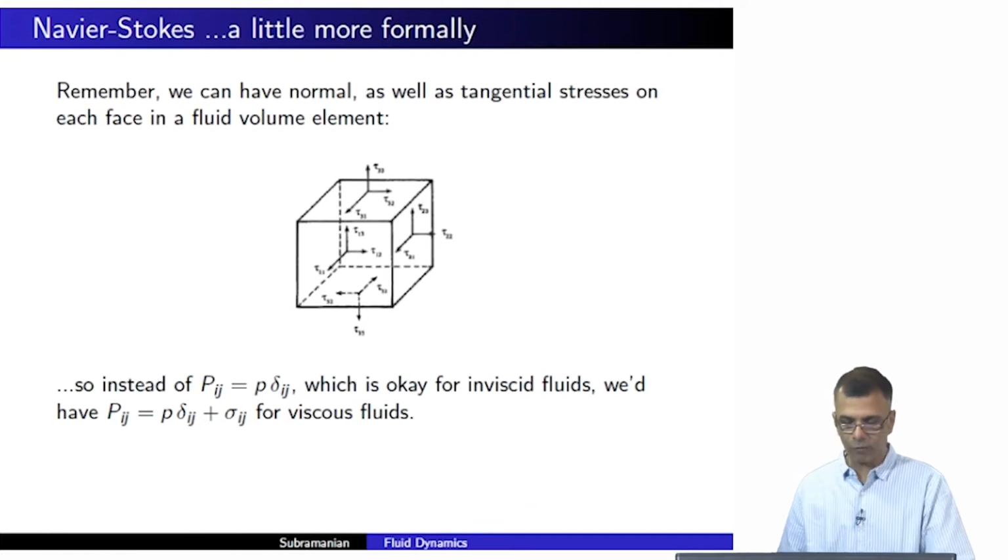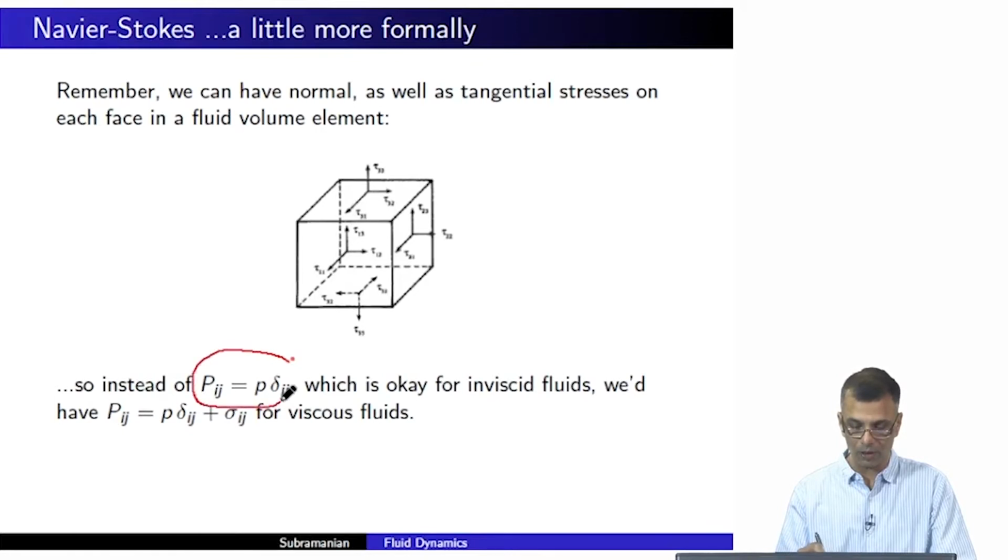When we were talking about inviscid fluids, remember we said we were specializing to a situation where the pressure tensor was like this. In other words, the pressure tensor was essentially a matrix, and you only had the diagonal elements, and the off diagonal elements were all 0.